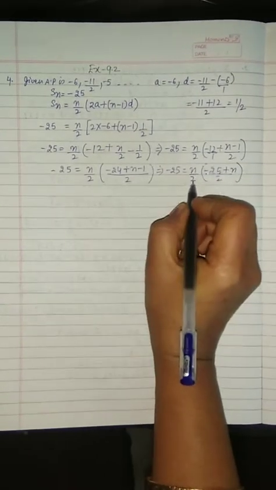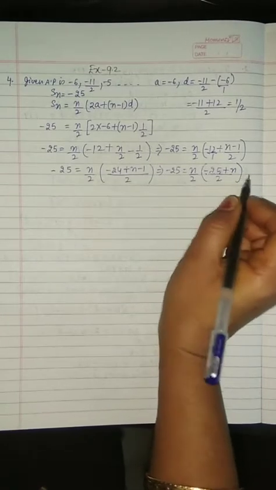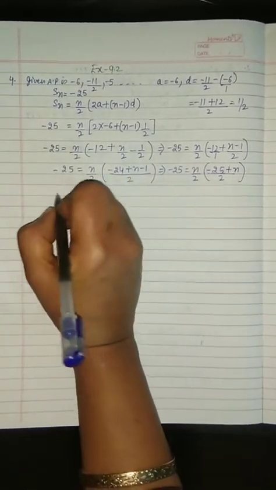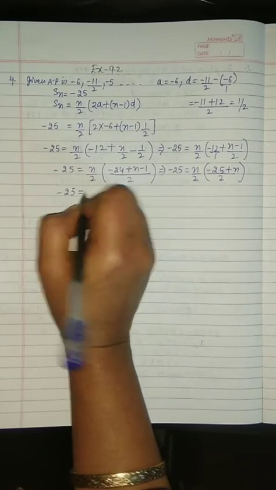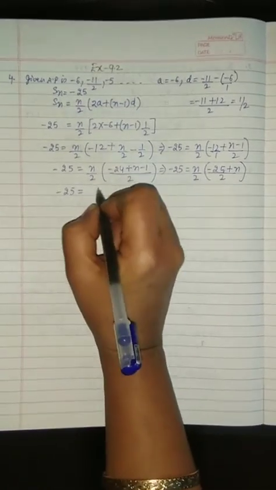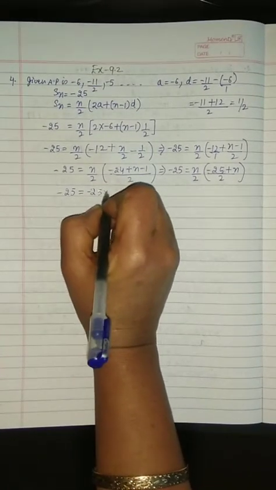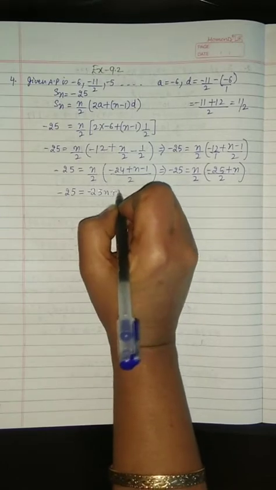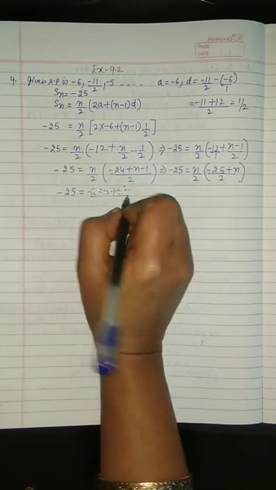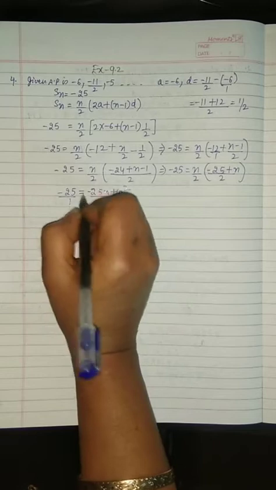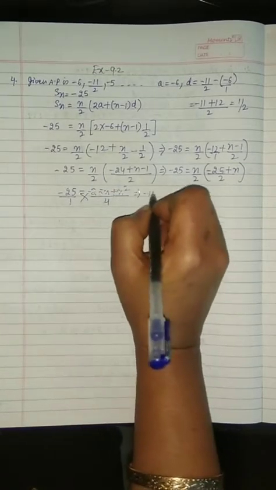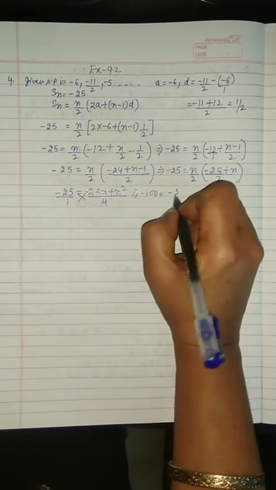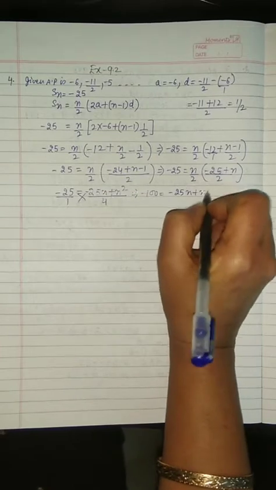Now we will multiply n by 2 with the terms within the bracket. Now minus 25 is equal to minus 25n plus n square upon 4. On cross multiplying we will get minus 100 is equal to minus 25n plus n square.